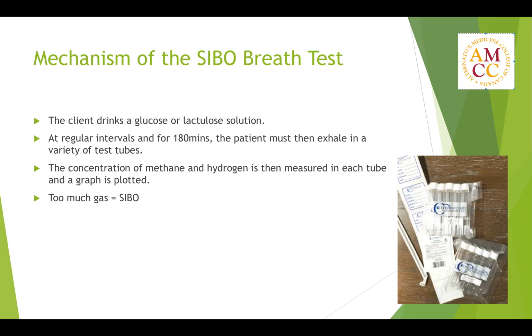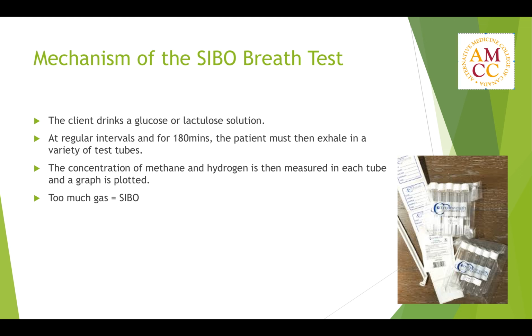If the client decides to do the home test kit, they will receive a parcel like the one in the picture, with a powder, instructions on how to dilute the powder, and a lot of little tubes. The upside of the home test kit is that you can just prescribe it. You don't really need to be working with a gastroenterologist. But the downside is that you're not sure the patient is self-administering the test properly because, as you can see, it's a little bit of a complex test.